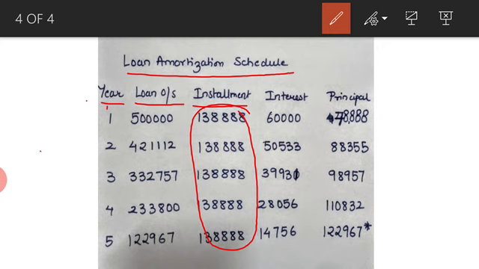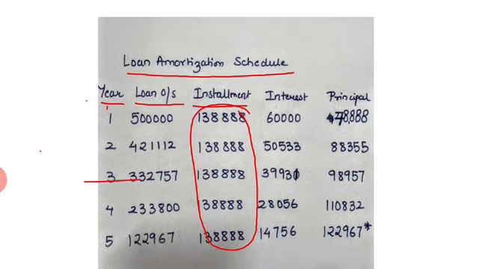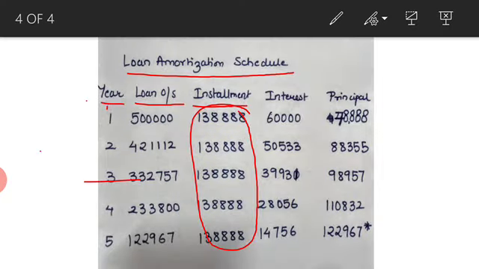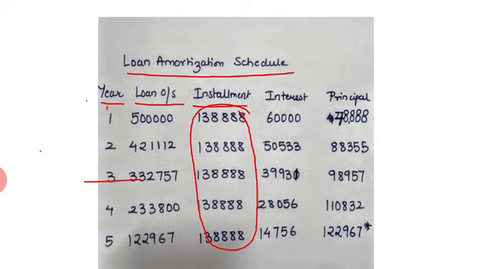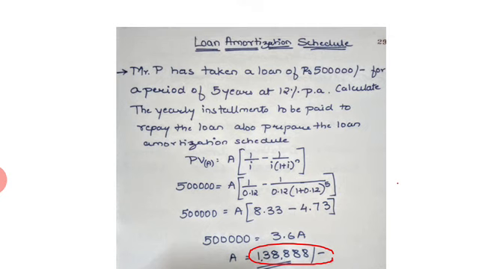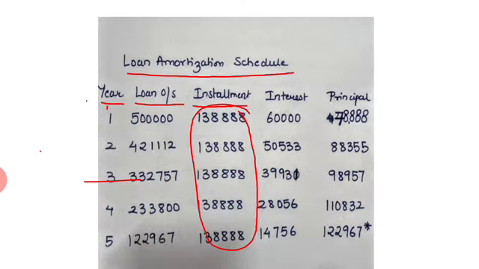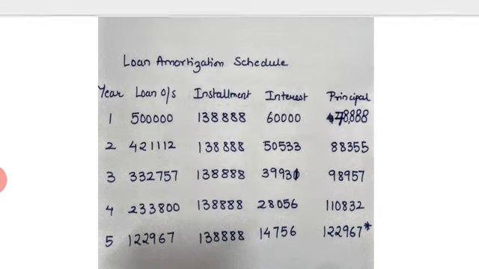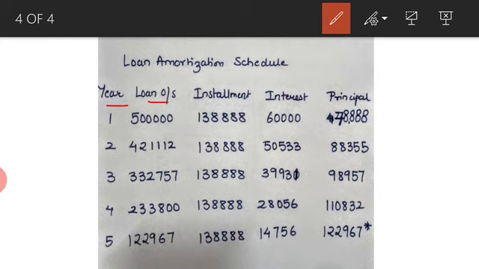So installment, if you see, it is 1,38,888, which we have calculated in the previous slide. So the installments are done. I'll just repeat. First is year, second is loan outstanding, then installment, interest and principal. Now how do we calculate this?